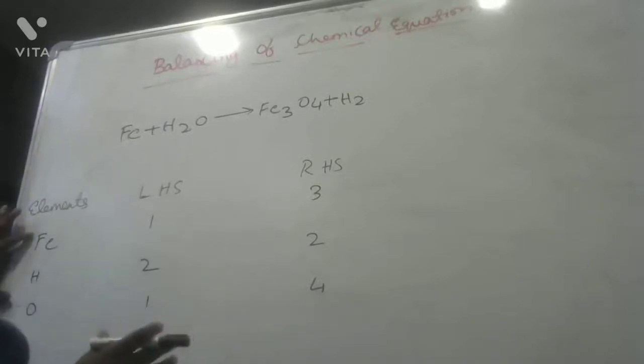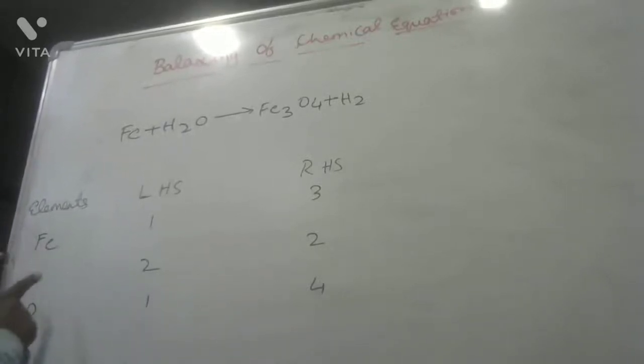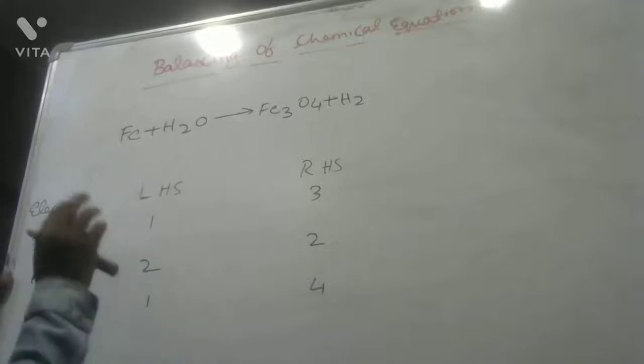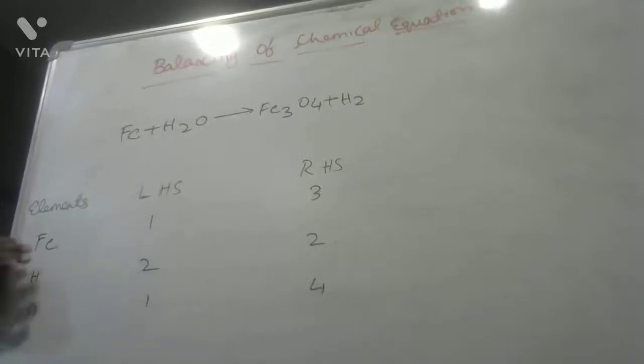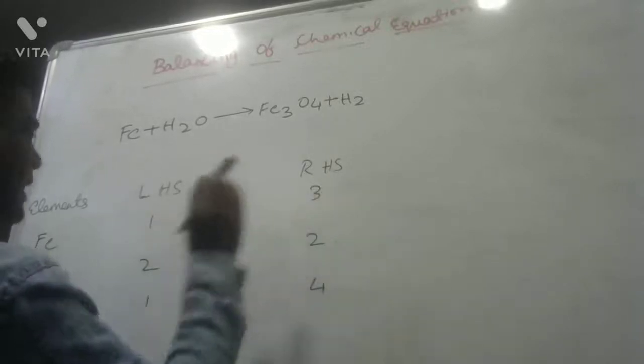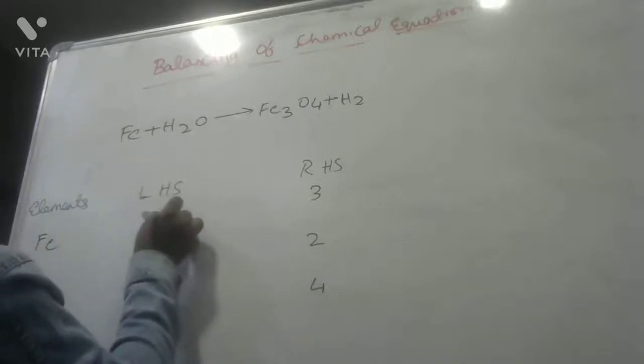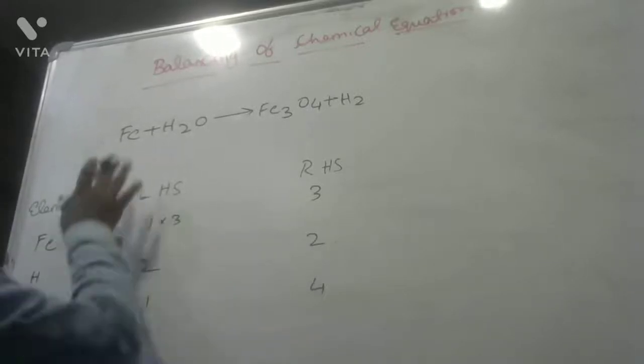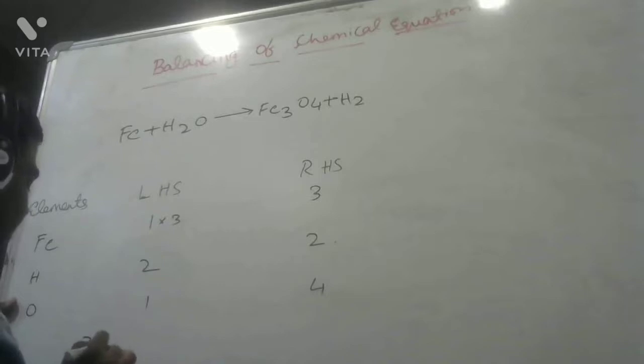So pick up one thing. Out of these three, hydrogen looks a bit balanced. So leaving hydrogen, think of Fe or oxygen and try to balance any one of them. Now if I take Fe, this side is 3, so if I multiply this side with 3, it's done. So here I get 3 Fe.